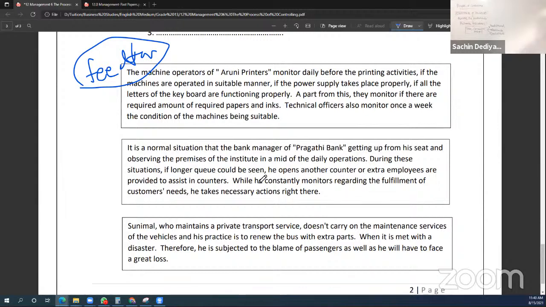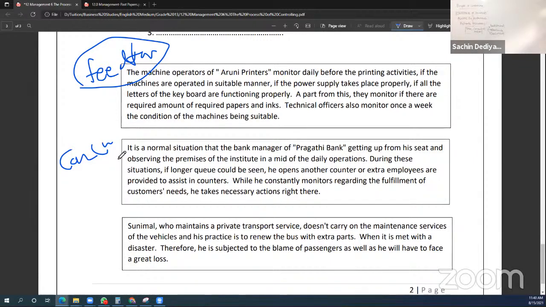Then because of these complaints, you try to work on it, right? So that comes under feedback control. But here, this is concurrent. Why? Because then and there you assist. You do not wait until there's a complaint or until the process is finished. Prior to that, you take the actions, right?